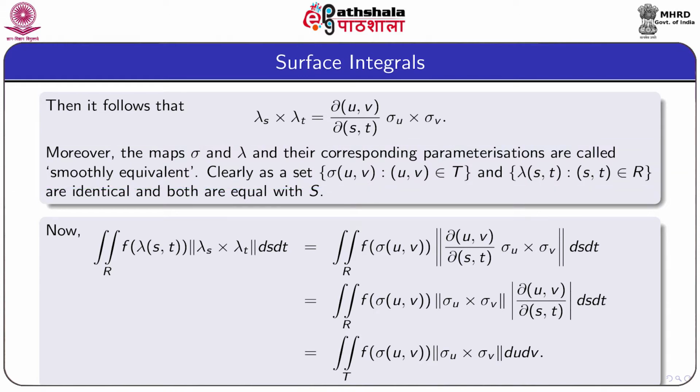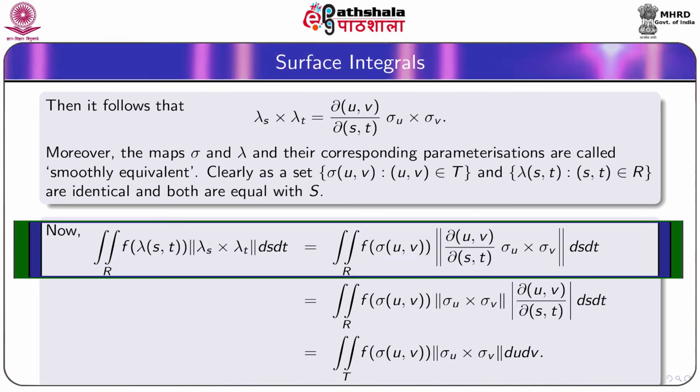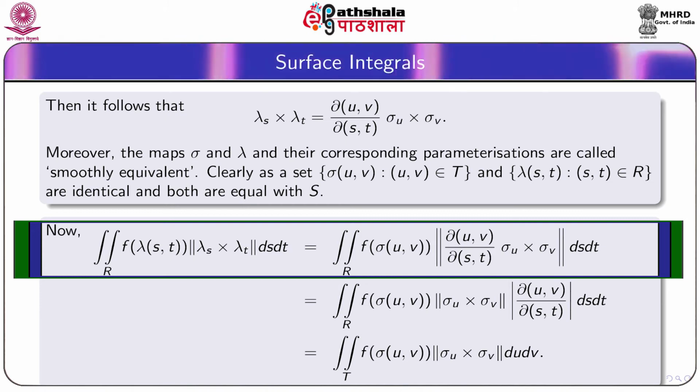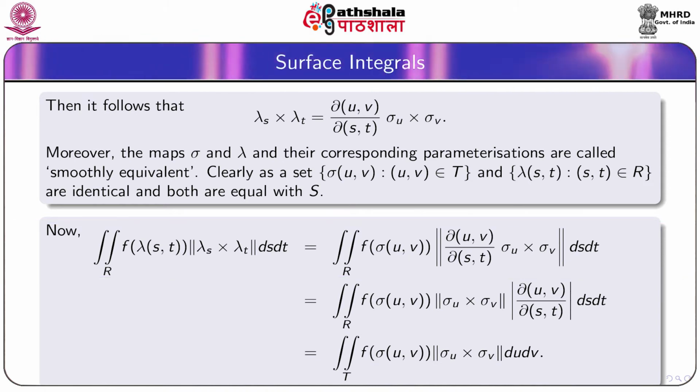Clearly, as I said, the collection sigma(u,v) where (u,v) is from T and the collection of lambda(s,t) where (s,t) is from R are identical, and both are equal to S. Now, the double integral over R of f(lambda(s,t)) norm of lambda_s cross lambda_t ds dt equals the integral over R of f(sigma(u,v)) norm of Jacobian del(u,v)/del(s,t) times sigma_u cross sigma_v ds dt.